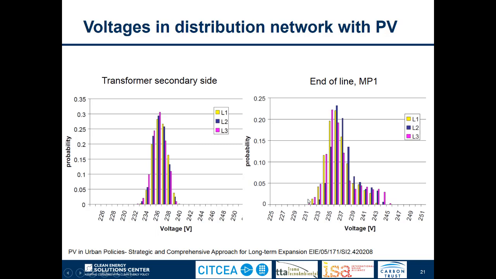This is probably related to the different connection of phases, both in the load and in the generation. If we are connecting more solar PV generators to some of the phases, these phases will tend to have higher voltage than the other ones.